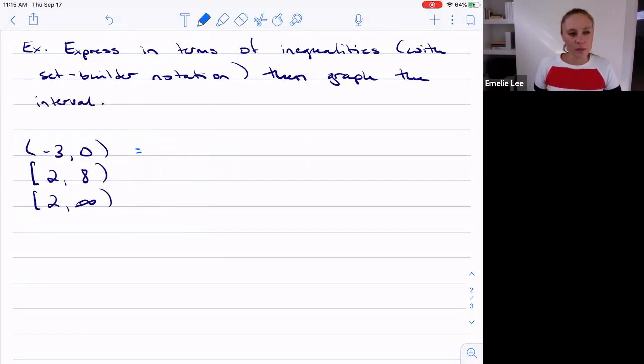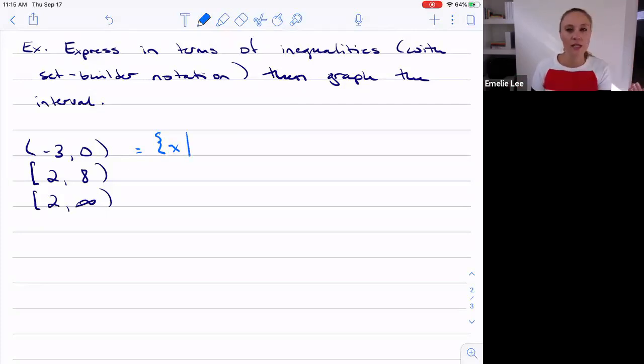So starting with this first one, set builder notation, remember we start with these curly brackets, and then we're talking about just any x in general. This is a pretty default setup for writing set builder notation: you start with your x. So I'm talking about any x that satisfies this criteria.